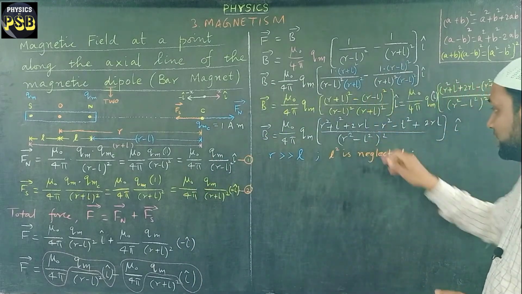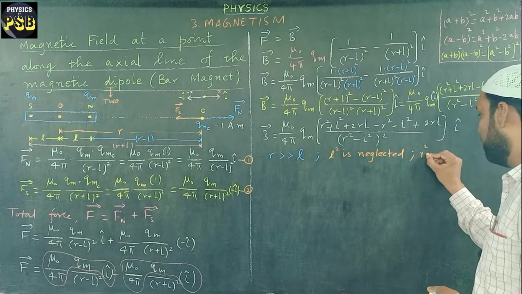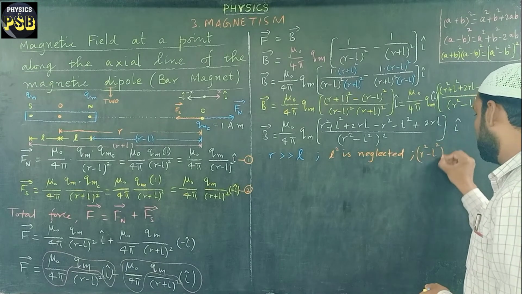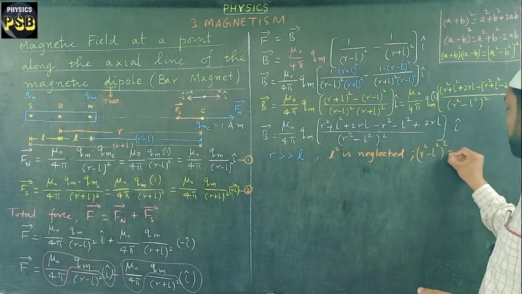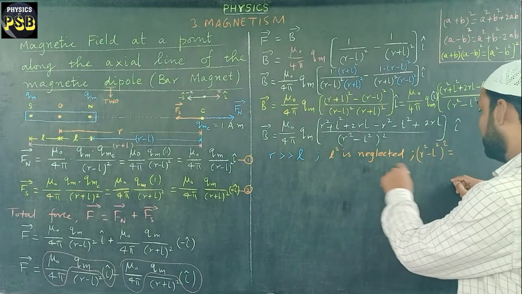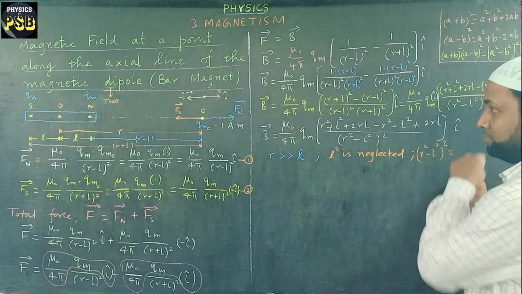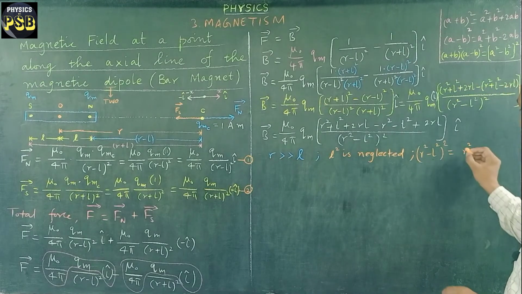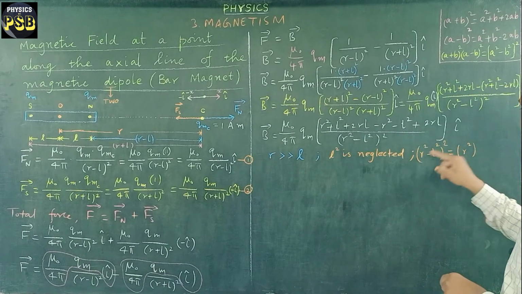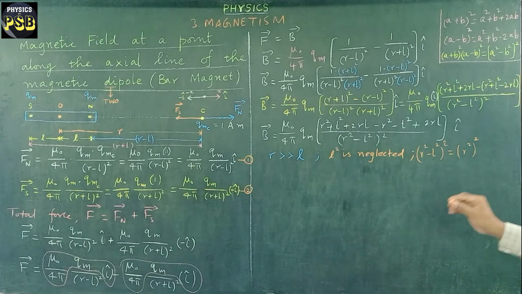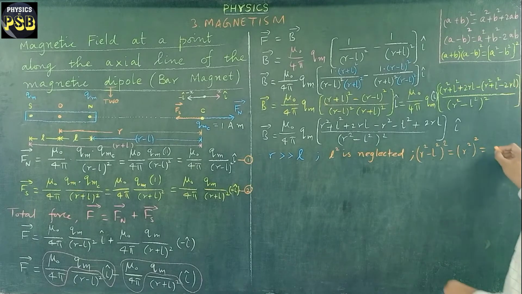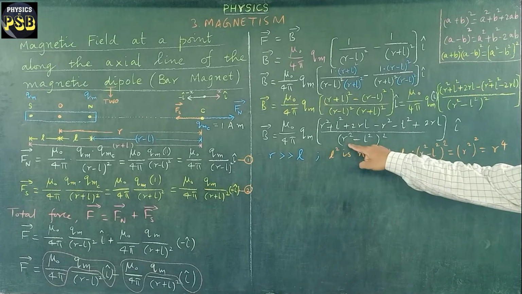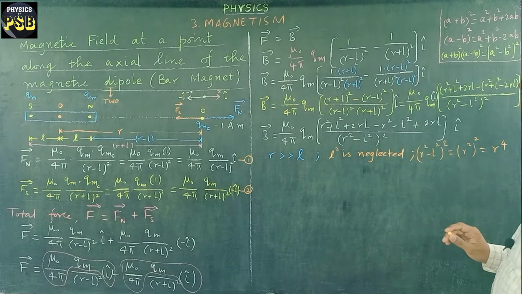When we neglect this, what happens? r square minus l square to the whole square becomes, when I neglect l square, r square only. r square to the whole square is equal to r power 4. This is what I am going to use here in the place of this. Got it?